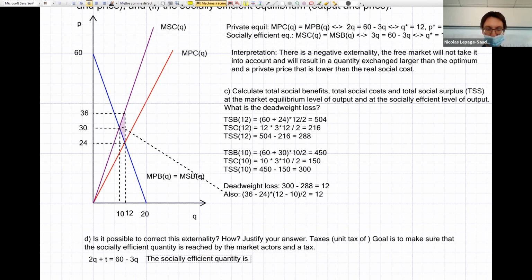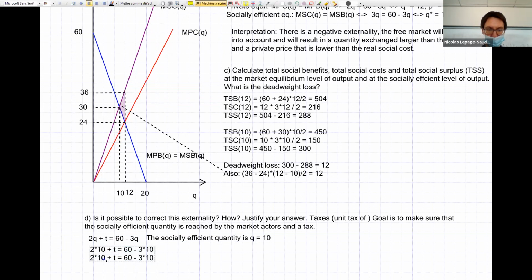Is Q posted. So let's just do that. 2 times 10 plus T equals, so what do I get? Of course, if you didn't answer this just with the question D, I didn't expect anybody to. So this is just surplus. So yeah, 10.